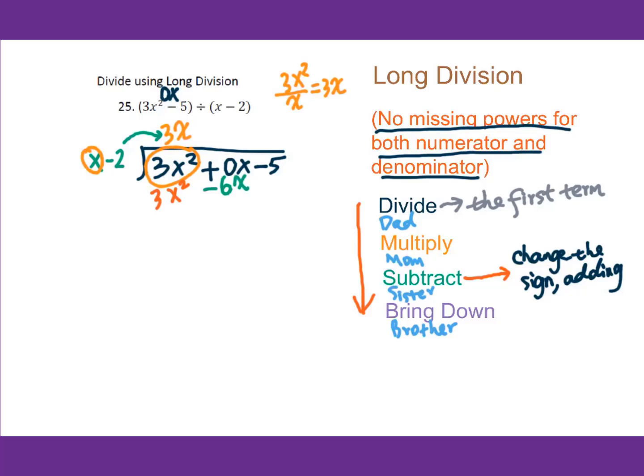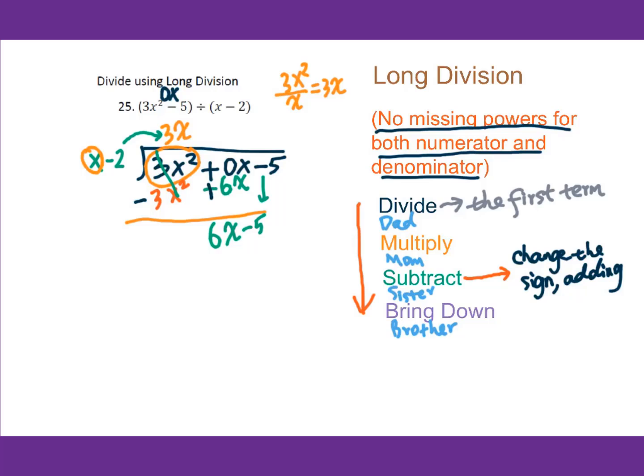The next step is change sign, adding. 3x squared is positive, so I change it into negative. Then this one I change into positive. Then I do addition this time. The first term is gone. So we got the 6x. Then I bring down this negative 5.